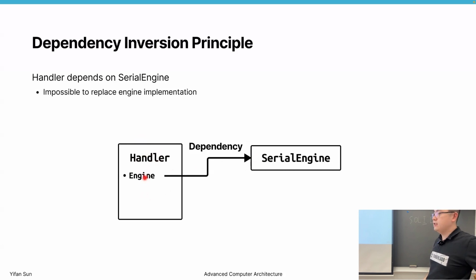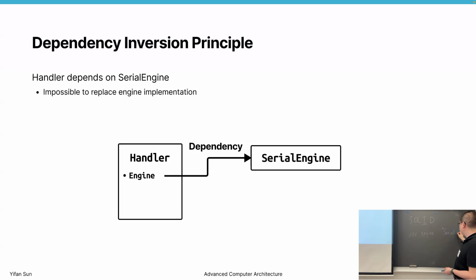When I schedule an event, I can schedule to this engine, right? So I need a reference so that I can schedule future events. Then if you do not consider the structure of the program, you may just say, oh, I wrote a serial engine and I'm happy with that. I'm just directly saying this engine should depend on this serial engine. So I may write code like this, var engine serial engine.